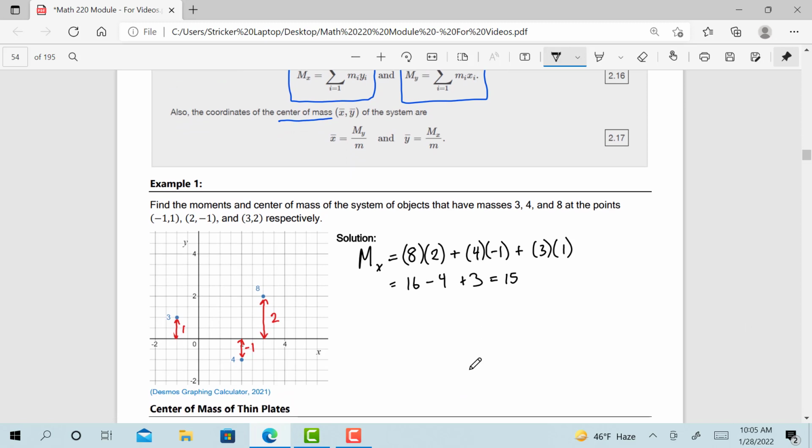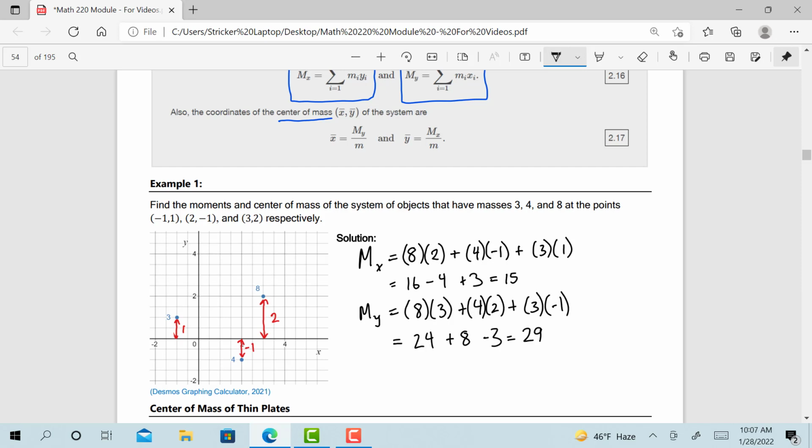And then go ahead on your own, pause the video, and figure out the moment about the y-axis, if you will. Go ahead and pause the video. All right, welcome back. Hopefully you found that the moment about the y-axis was equal to 29.